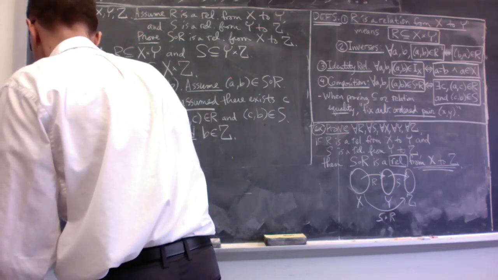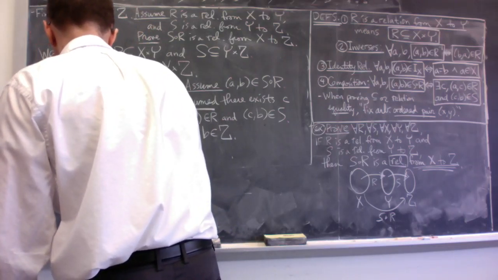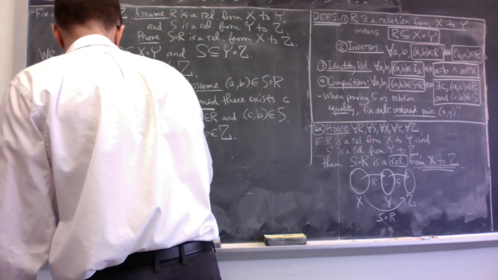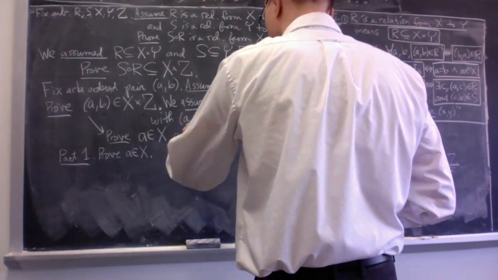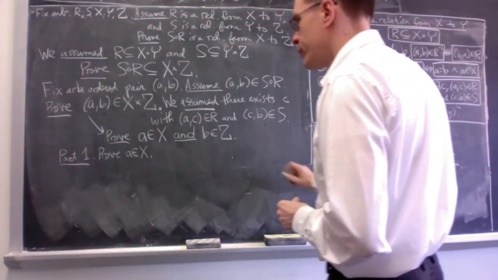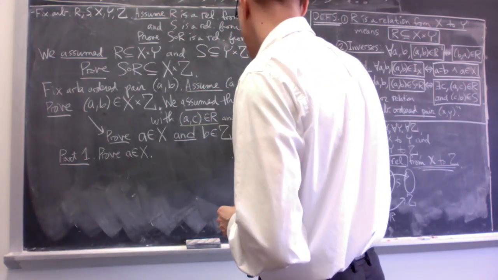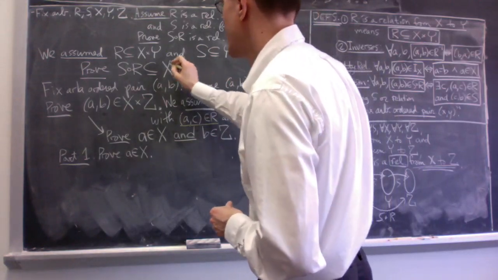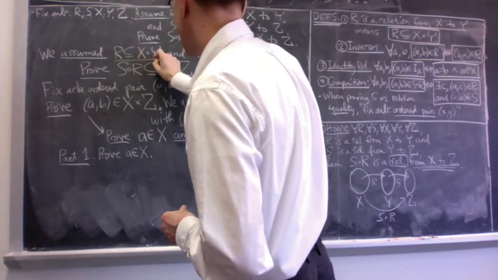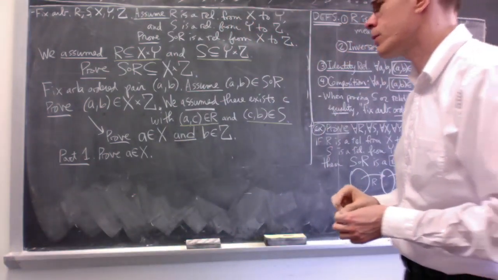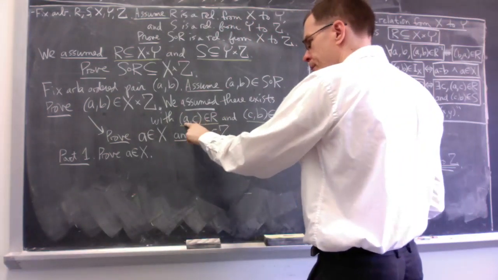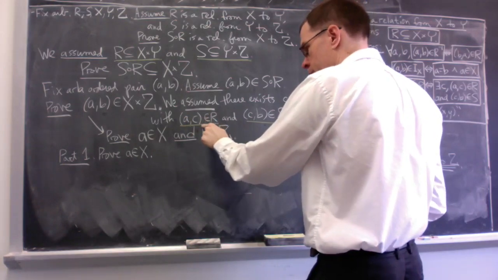We're going to blindly follow these templates. So part one, prove A is in X. How are we going to do that? Well, we have to keep track of all this stuff we've assumed. We've got this and this, and from before, we have this and we have this. Let's take a look. A appears here, so let's start here.